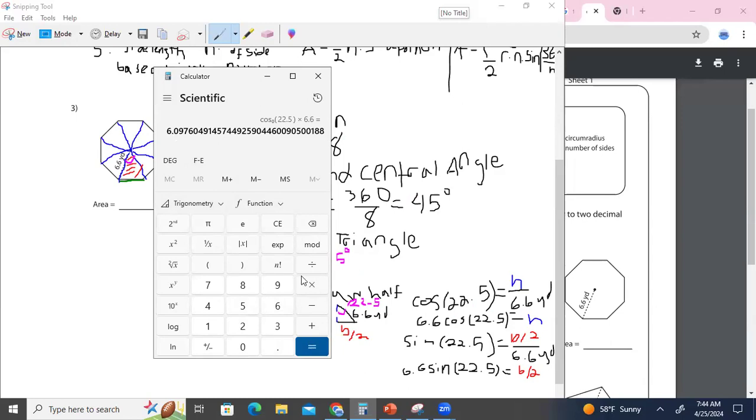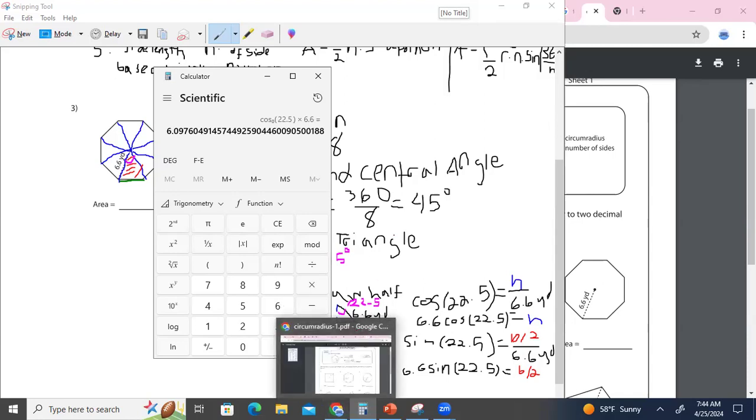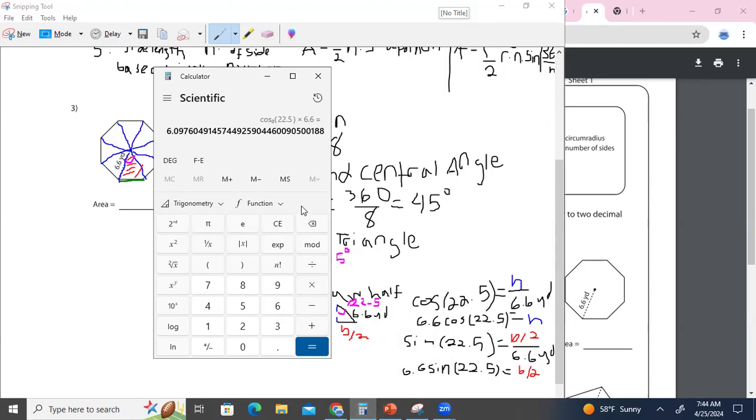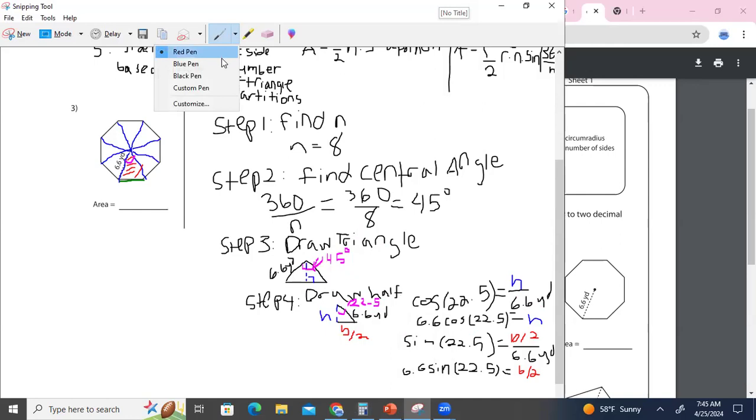I'm going to do two decimal places. So that's about 6.10 yards, and I say yards because we multiply by 6.6 yards. So the height of this triangle is about 6.10 yards. I'm going to write that there.